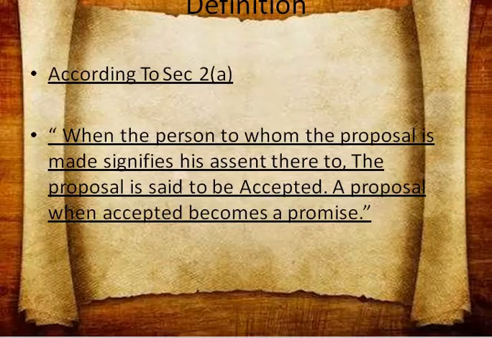See the definition. According to section 2(b), when the person to whom the proposal is made signifies his assent thereto, the proposal is said to be accepted. The proposal, when accepted, becomes a promise. That is what we call acceptance.